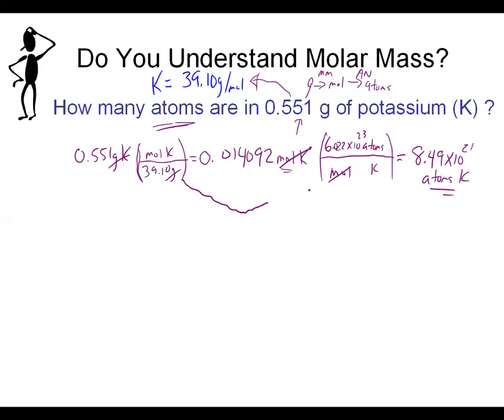You could just go straight across and continue on with the calculation to get to the answer. So you do have to show the work using dimensional analysis. Sometimes people like to get the number in between, but you don't have to. You could just continue it through with one big calculation. It's perfectly fine, and you should end up with the same answer. Other questions on that?